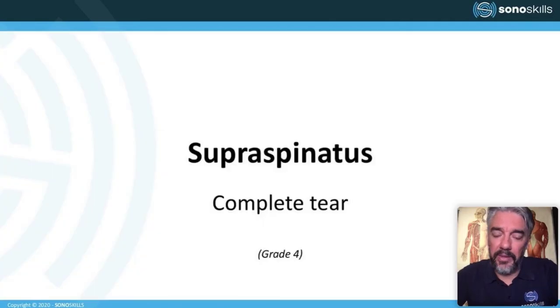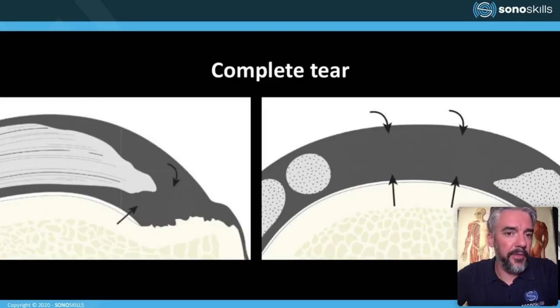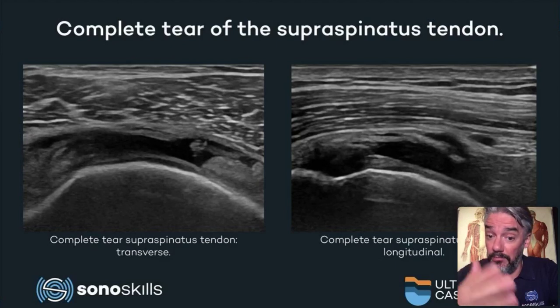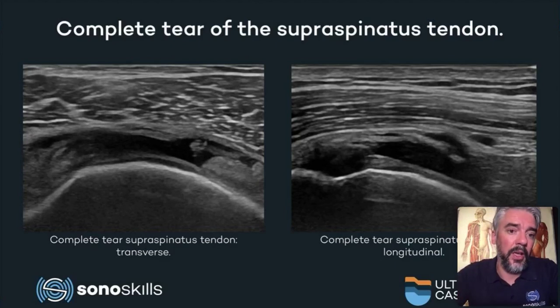Okay, and a complete tear, grade 5. Then in both planes there is a fully torn cuff tendon, and in this case you can see exactly this image, transverse and longitudinal, and in both planes fully torn and a lot of fluid.